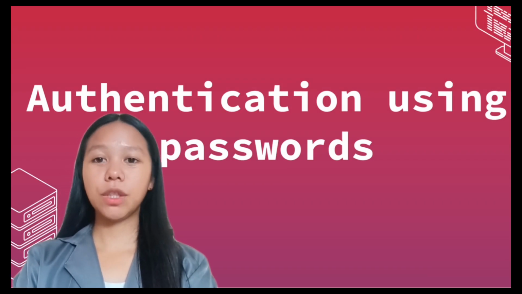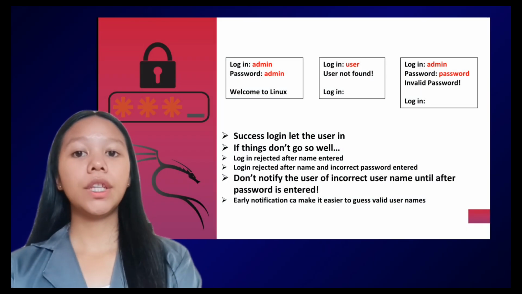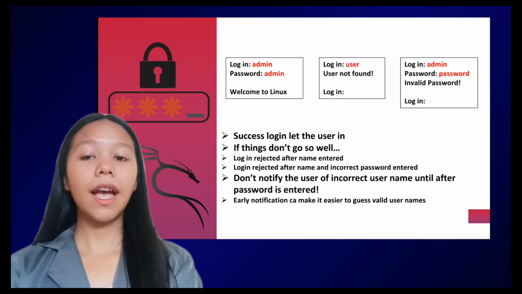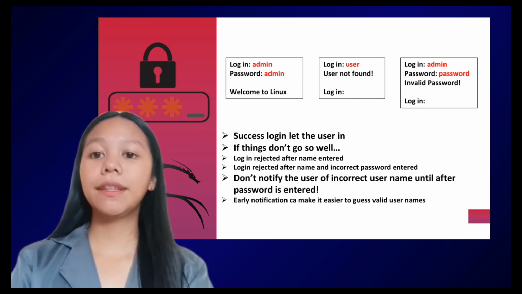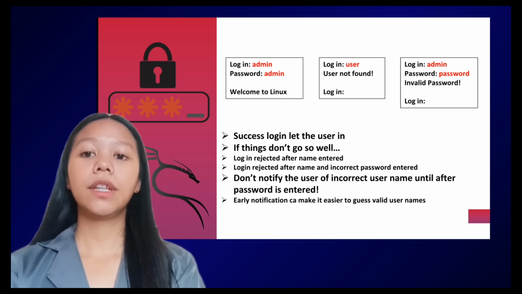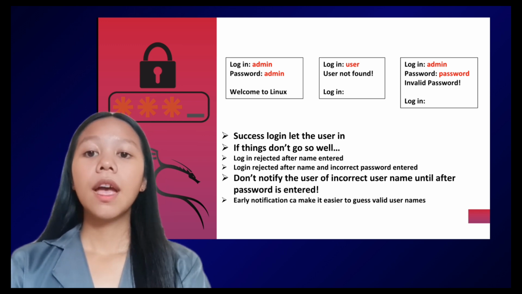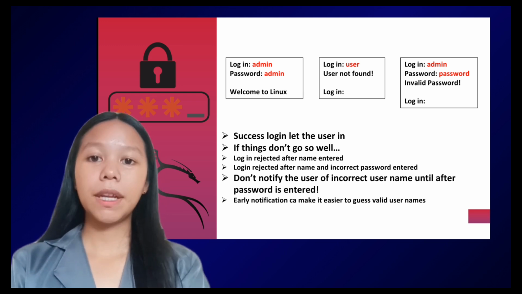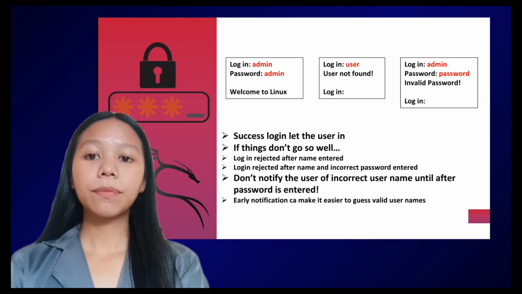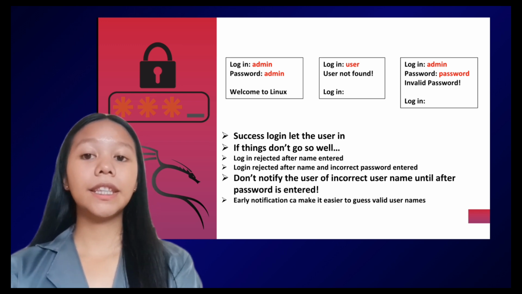Authentication using passwords. You can see on the screen three boxes: login admin, password admin, welcome to Linux. Login, user not found. Login admin, password invalid. Login success lets the user in.